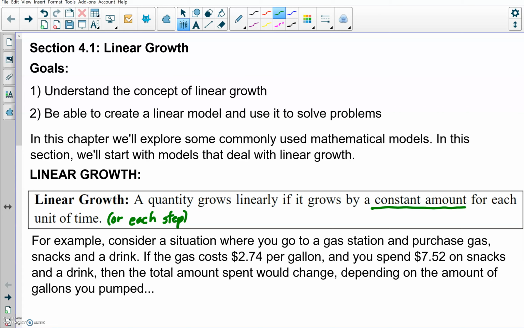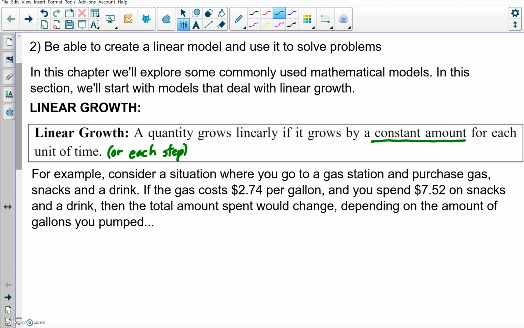So, for example, consider a situation where you go to a gas station and purchase gas, snacks, and a drink. If the gas costs $2.74 per gallon and you spend $7.52 on snacks and a drink, then the total amount spent would change depending on the amount of gallons you pumped. So let's think about if you pumped in 1 gallon, then the amount that you would spend would be $2.74 times 1.